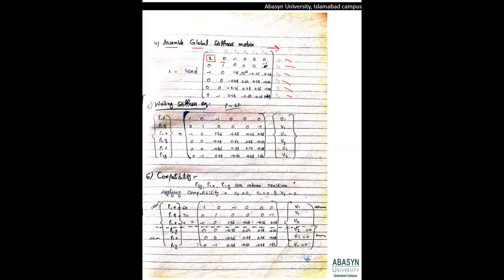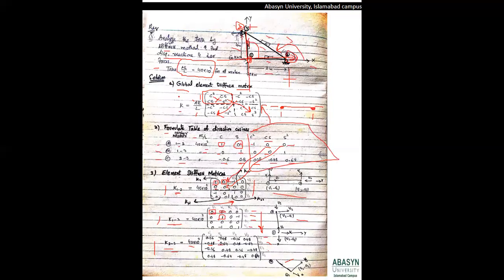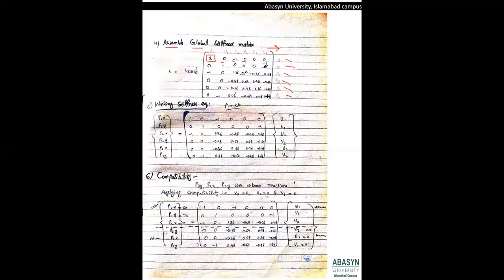Similarly, when we move towards U2 U1, it comes out to be -1, U2 V2 comes out to be 0, and we are going to add up all these values in the same way. If we have a single value, then the single value is repeated. If the values are added up, or according to the sign subtracted, then it is solved accordingly. Once we have all these values, we call it the global stiffness matrix.